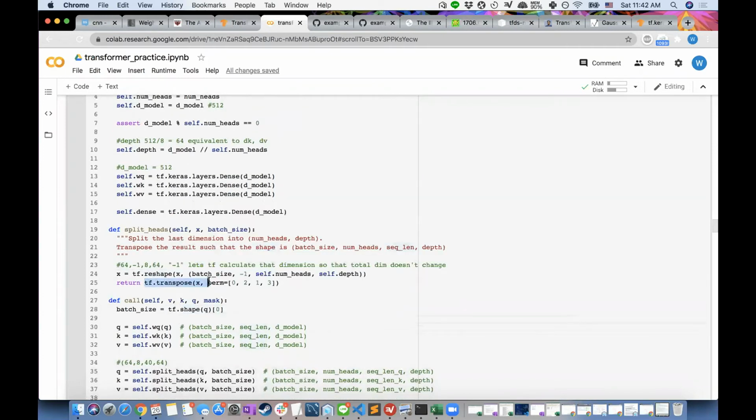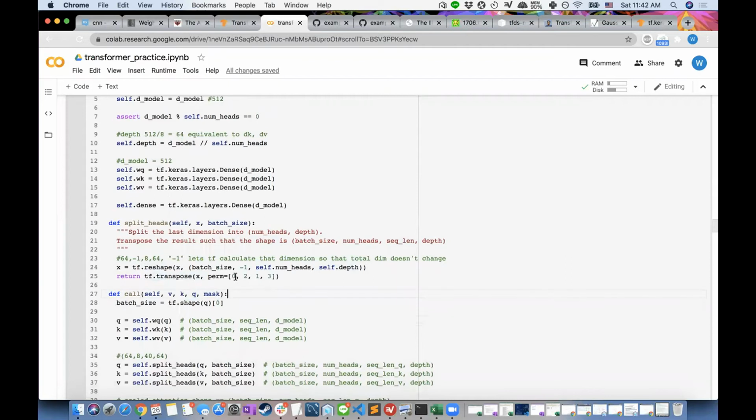And with tf.transpose, you just transpose that, so you want to have 0, keeping the batch size here, but you want this to be here, and keeping self.depth here.